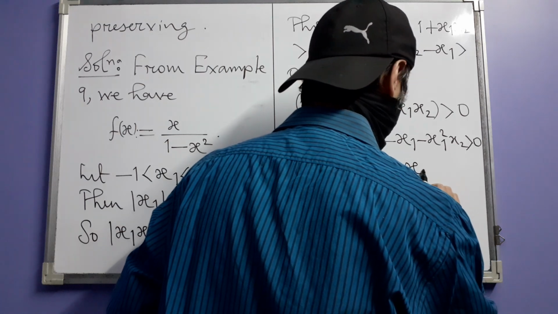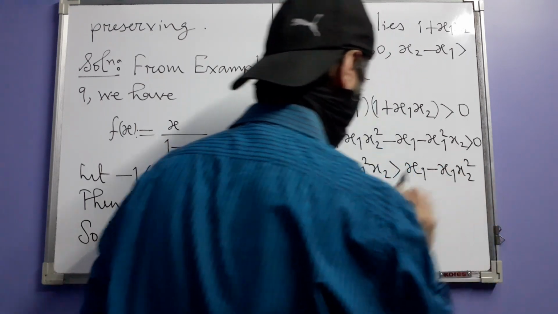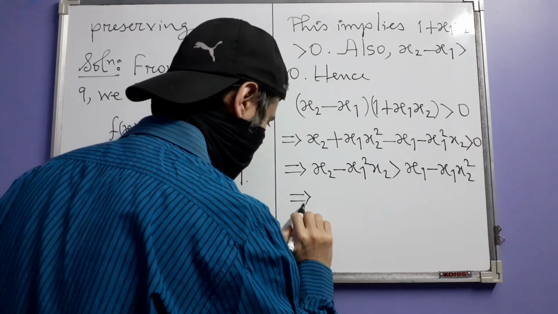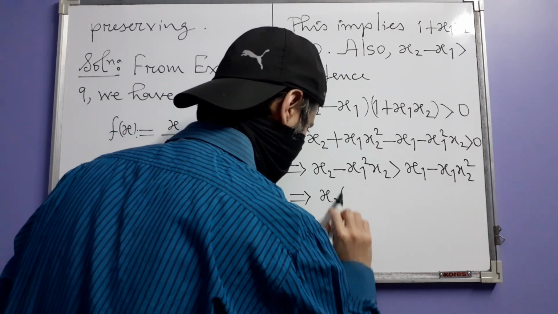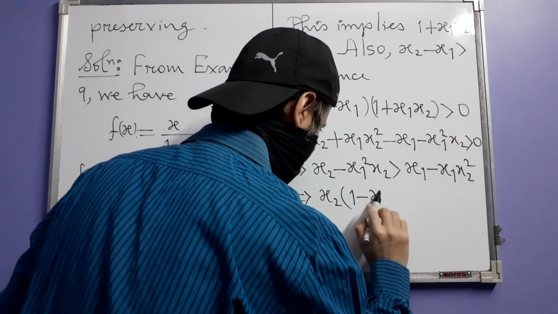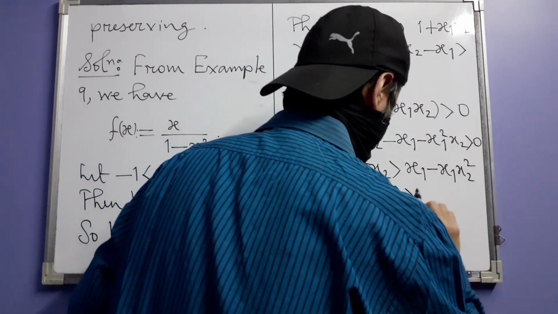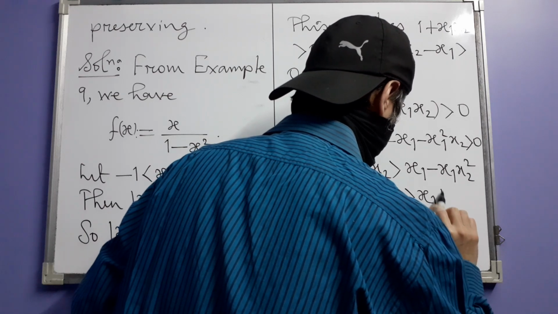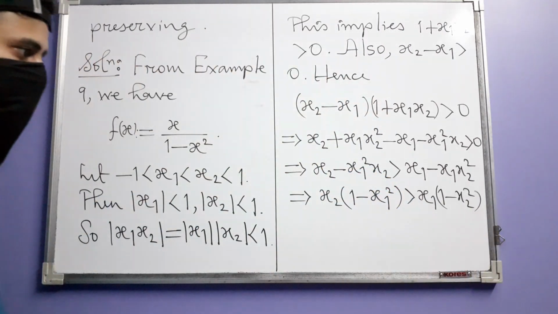That will give me x1 minus x1 x2 square. So the left hand side of this inequality becomes x2 times 1 minus x1 square, and the right hand side is x1 times 1 minus x2 squared.